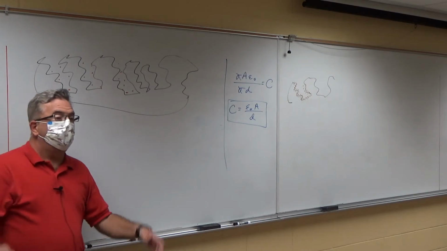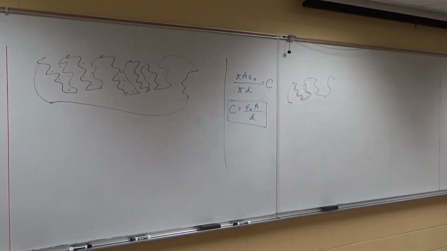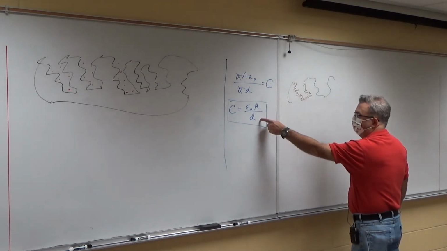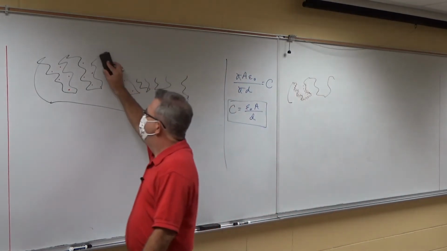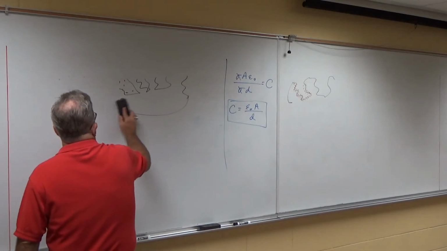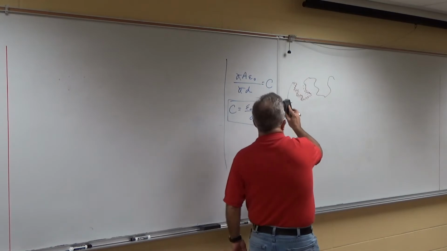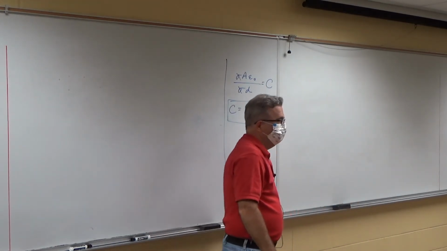Anyway, there are all kinds of geometries and materials and dielectrics, which we'll talk about, that you can use to increase the capacitance of your capacitor. That's the simplest: epsilon naught A over little d. Any questions about that?